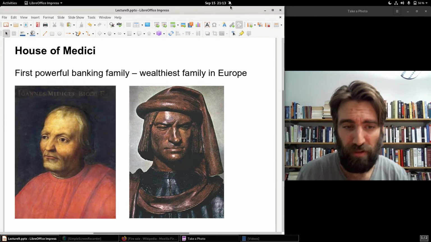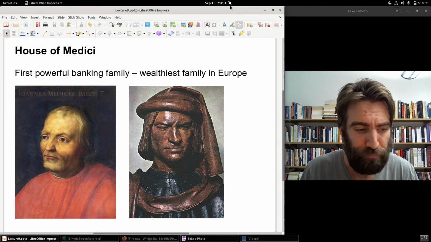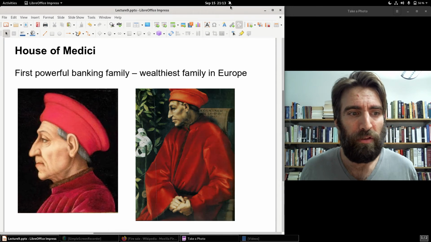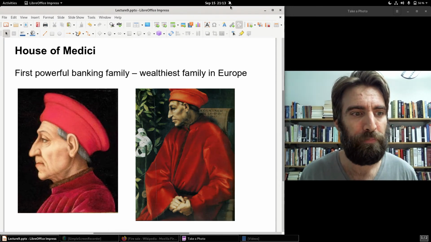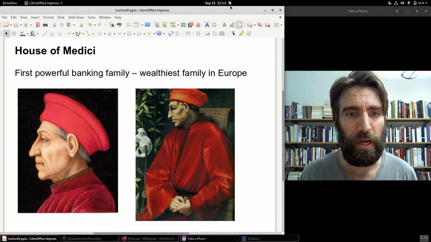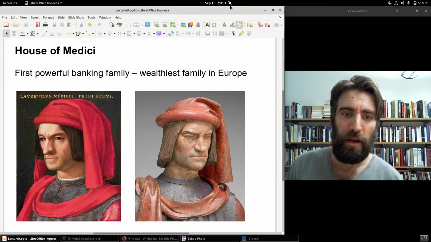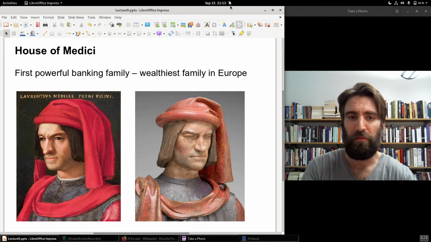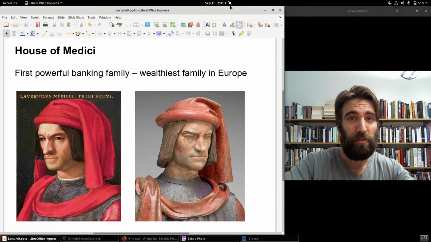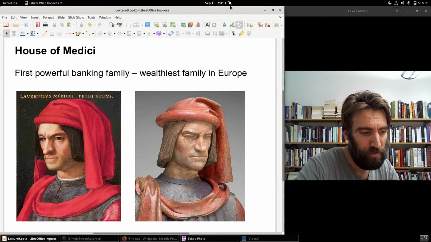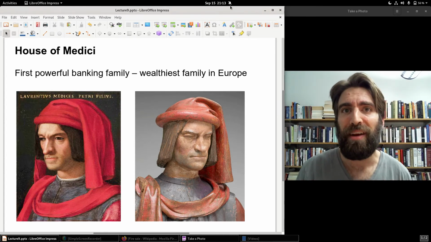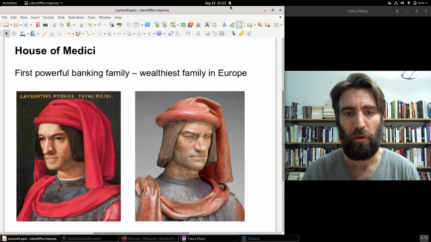They really began to get started around the 13th century. Here we see some of the Medici leaders of this family, and they became so wealthy that they were actually the first family, because of their economic success, to transition over to hereditary status and governmental power.